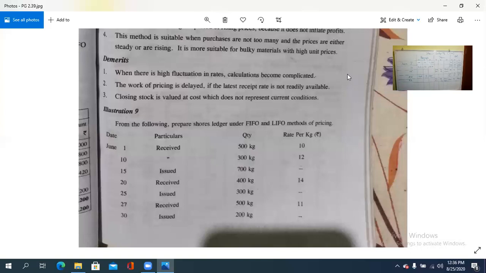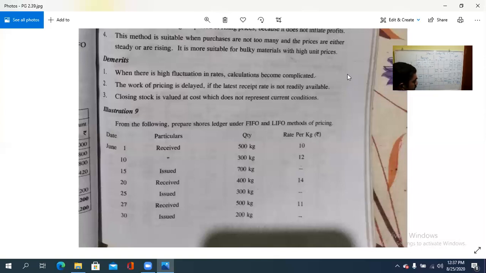Then received on the 27th: 500 kilogram again, so 511, 5,500. So now the available balance increases to 214, 2,800, and 511, 5,500.